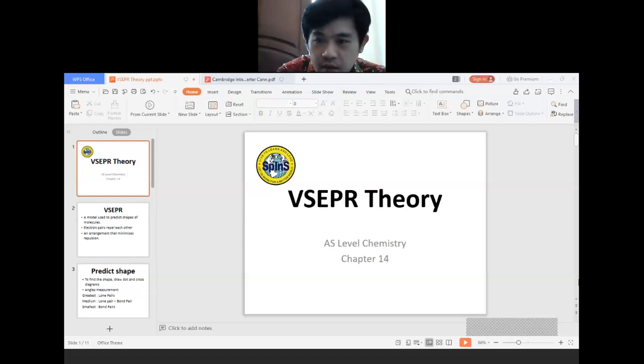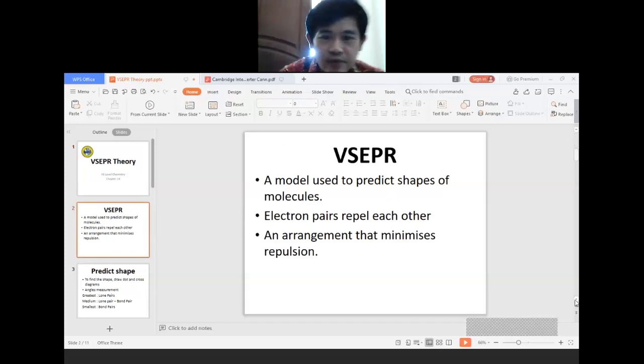Now next, we are studying chapter 14. It is a model used to predict the shapes of molecules. Electron pairs will repel each other because electrons carry negative charge.